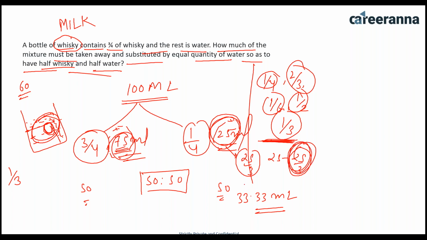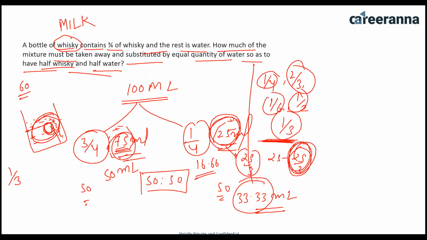Is it clear to all? Now, what is the quantity of whiskey? It is 50 ml. What is the quantity of water? It is 16.66. As per the question, you have to remove first and then you can add directly.